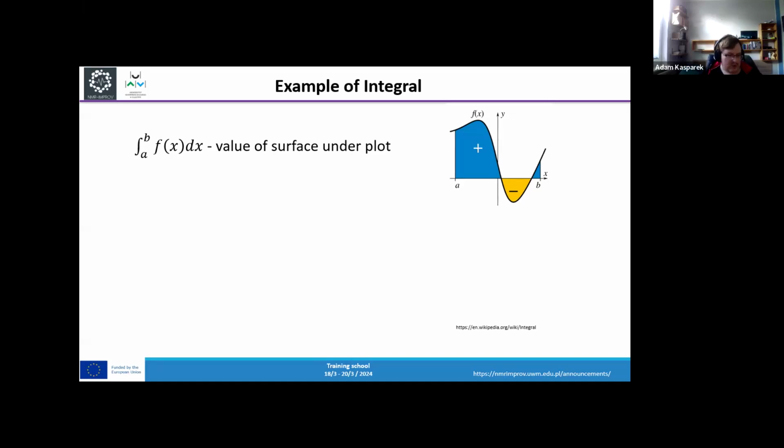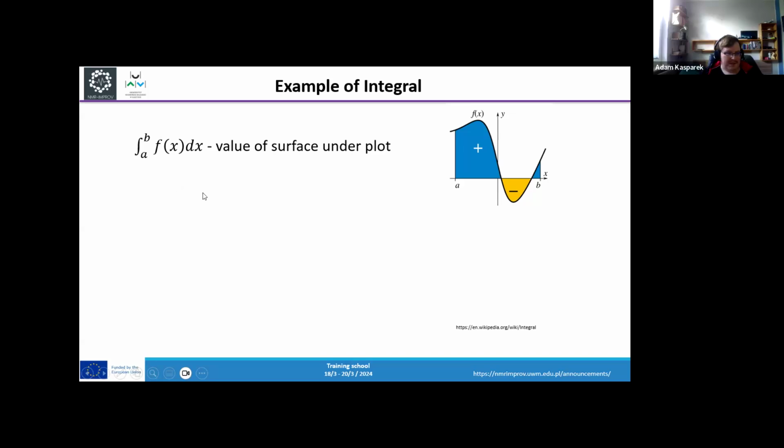Okay. Now let's change the subject a little. Sometimes when we show you our models and calculations, there will be such a strange sign like this. We call this the integral, and this is just a quick reminder of what this sign means.